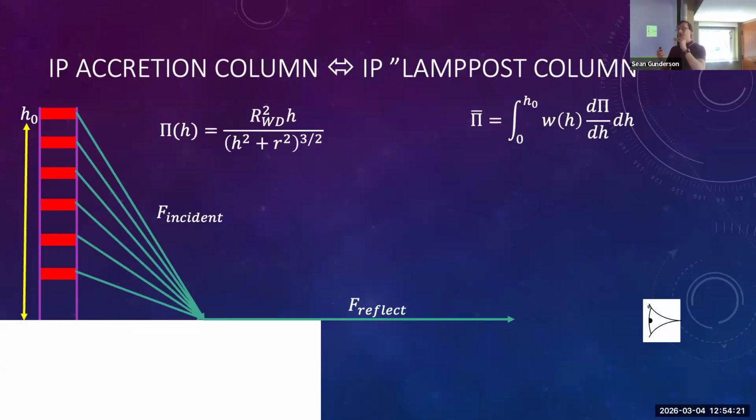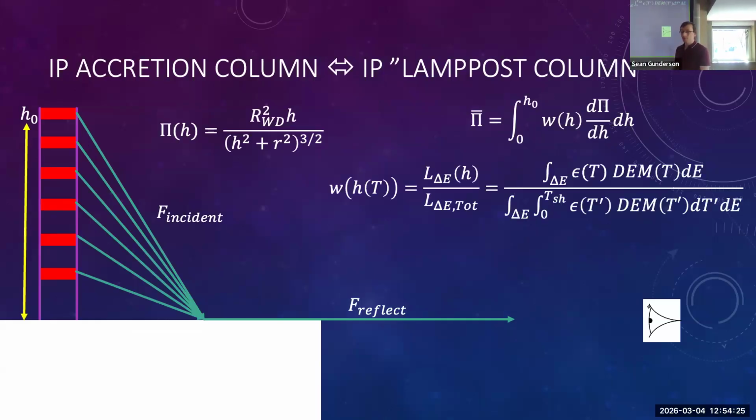We have to imagine all of those infinitesimal slices, but we have to weight them by the amount of emission that's at each height, because we know that the column is going to emit different proportions in the delta E bin, depending on what height you're at. But we only know how to do this in temperature initially.